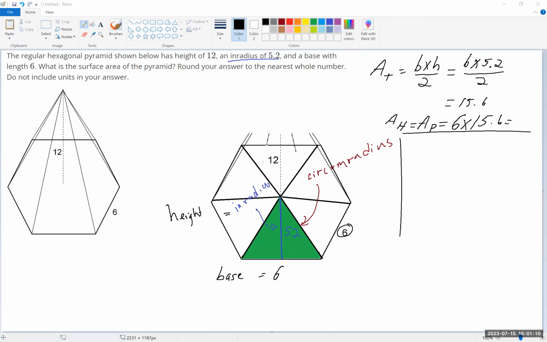So 6 times 15.6 is 93.6. Okay, so that takes care of part of what we need to accomplish.